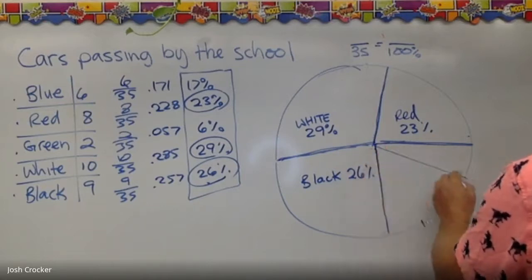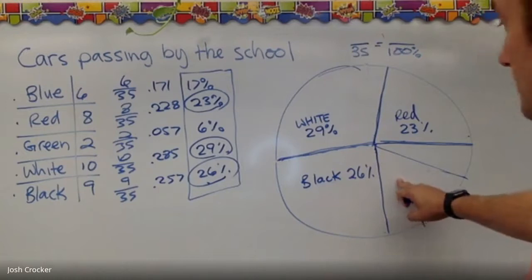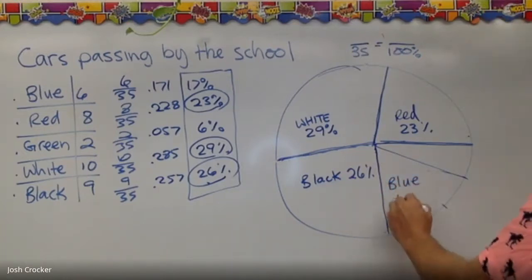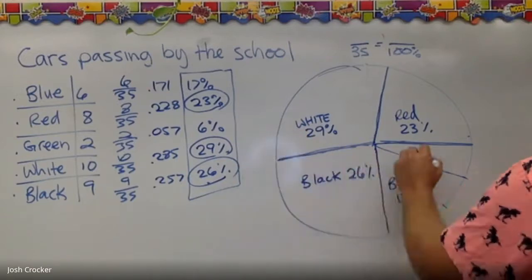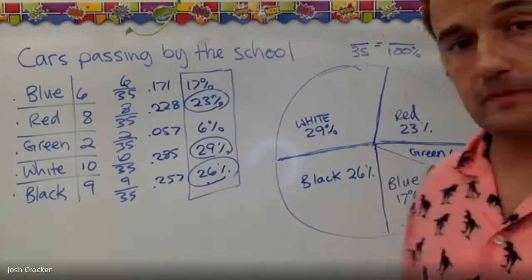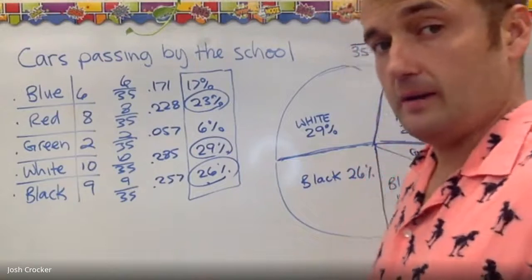I'm going to guess that it's about like that. So that is going to be my blue slice at 17%, and that is going to be my green slice at 6%.